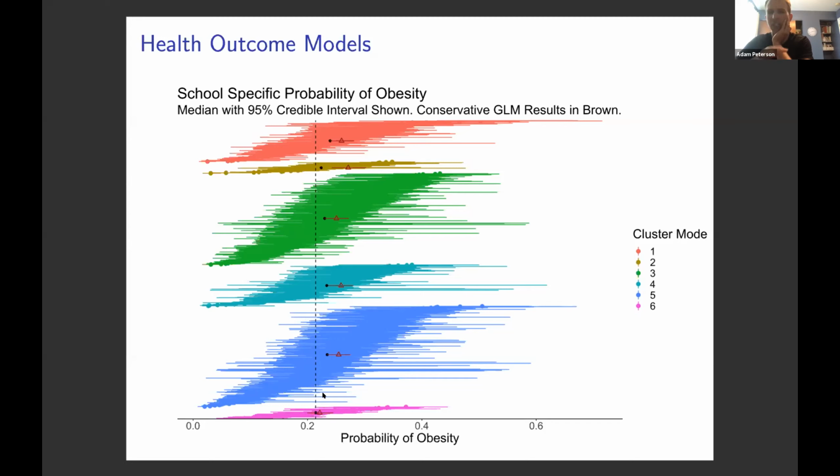So about a difference of 3% or so from the biggest to the smallest. What's reassuring about seeing these same differences reflected in the conservative GLM is that it suggests we're really capturing something real here, that the pattern is consistent, even though it is a little more dramatic in the conservative GLM compared to the Bayesian kernel machine regression.